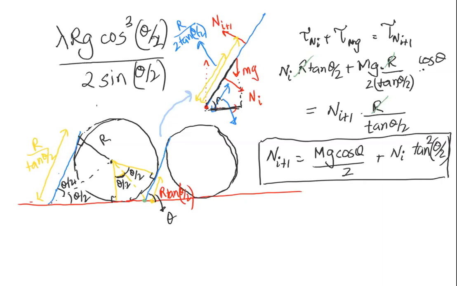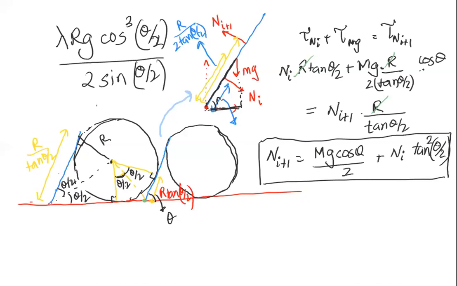So basically, what this says is that look, if you know ni, then I will tell you ni plus 1. This means that if you know n0, I'll tell you n1. And if you know n1, then I'll tell you n2. And if you know n2, then I'll tell you n3 and so on. So if you know n0, then you can figure out very easily what is ni.